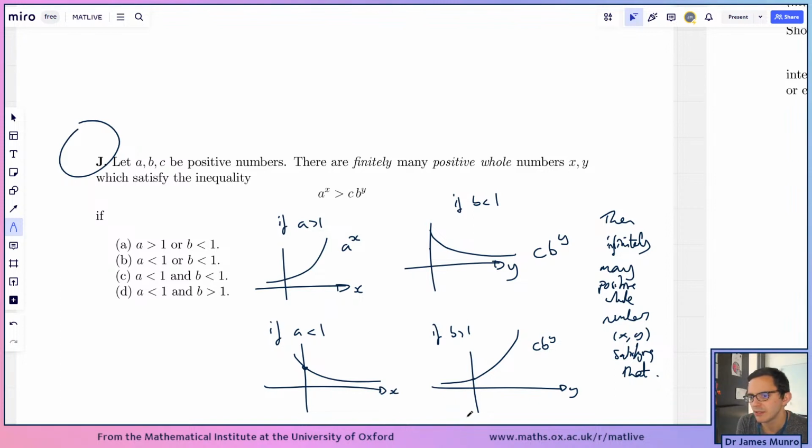So what does that mean? Does it count as finitely many positive whole numbers? I'm worried about when c is quite large, then I think there are no examples that work. But I think there'll only be finitely many, right?